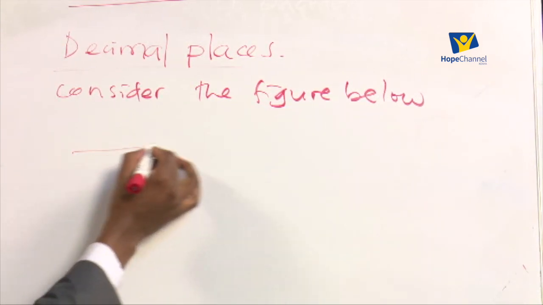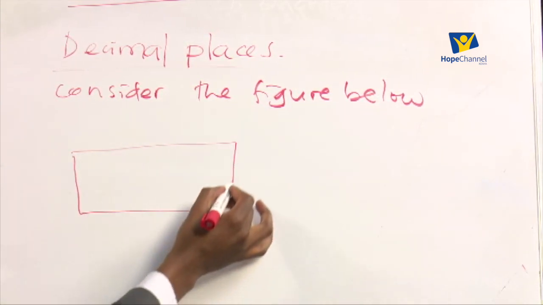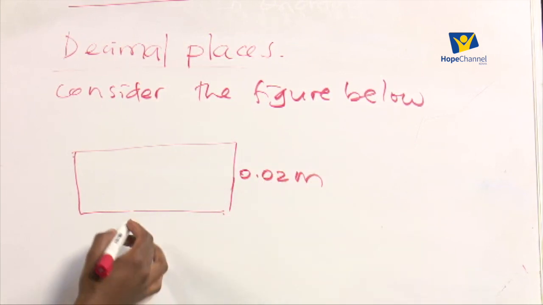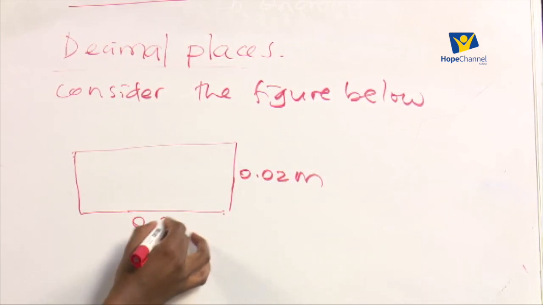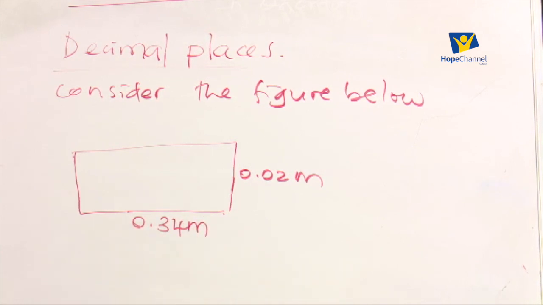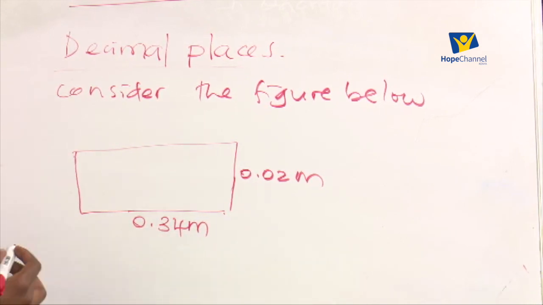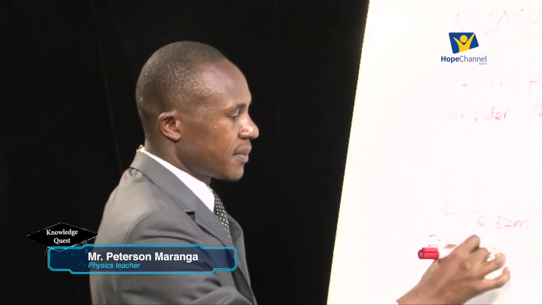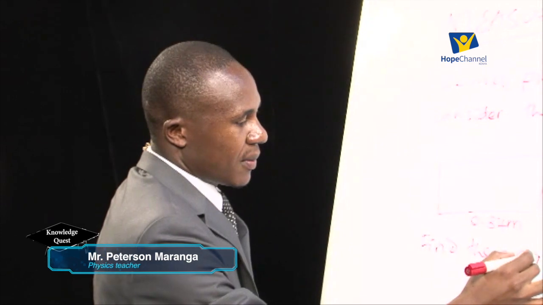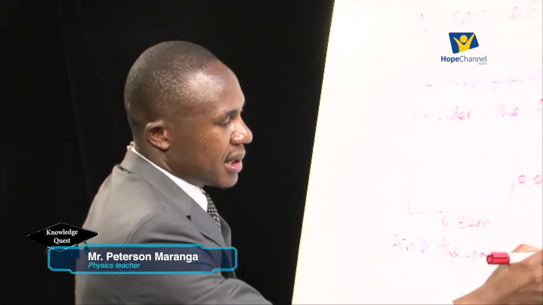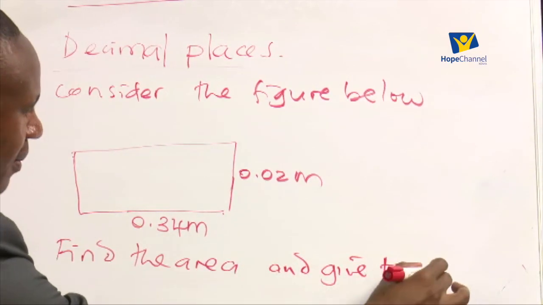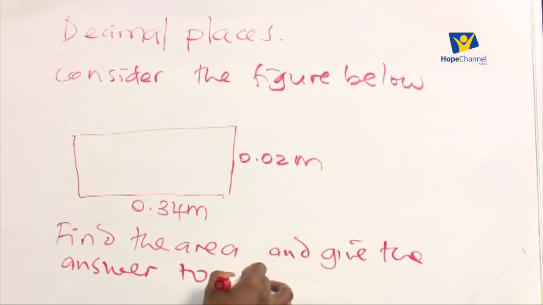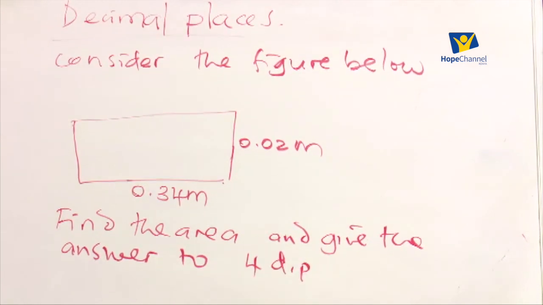So the figure is a rectangle, and let the rectangle have the sides 0.02 meters by 0.34 meters, and we are supposed to find the area and give the answer to 4 decimal places.